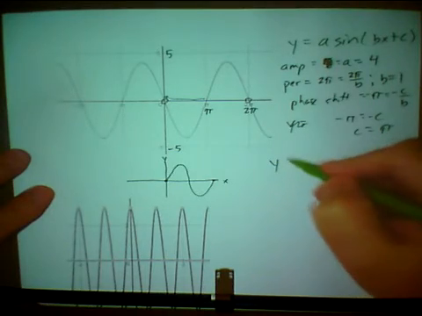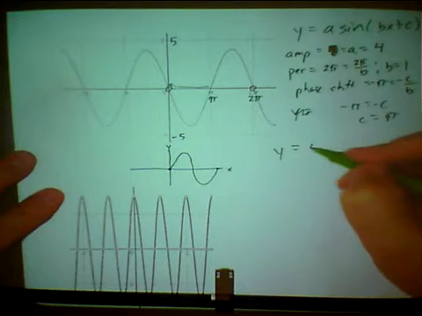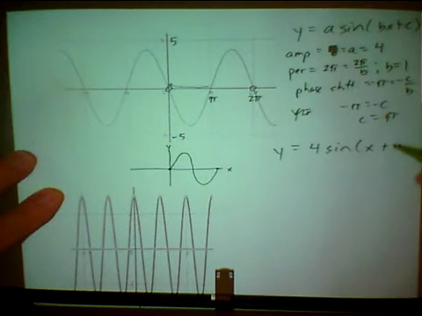So therefore my equation is going to be y equals 4 sine b is 1, so it's just x plus pi.